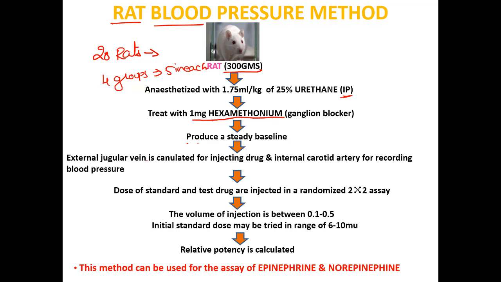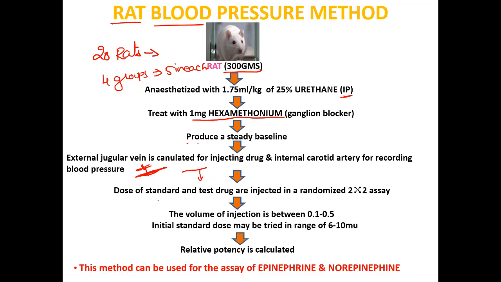We also should take the internal carotid artery for recording our blood pressure. After cannulating the jugular vein, you will be having 3 ways for injecting, which will be very easy. Again you have to take the carotid artery also, with which you will record the BP.